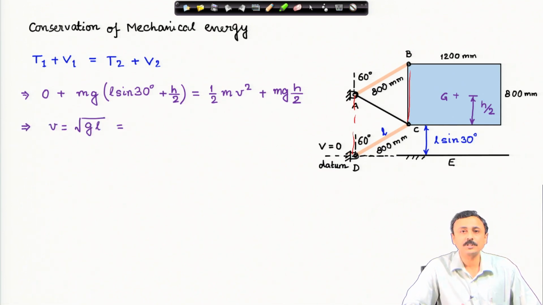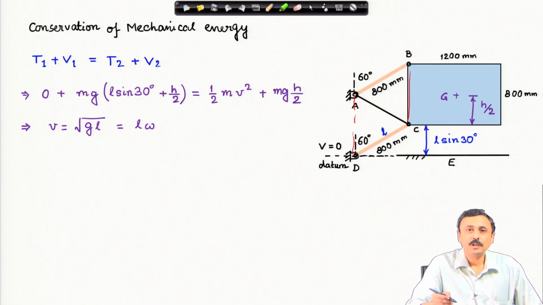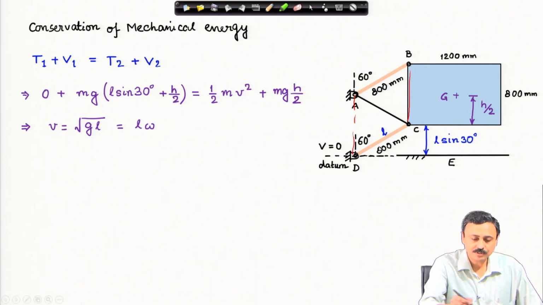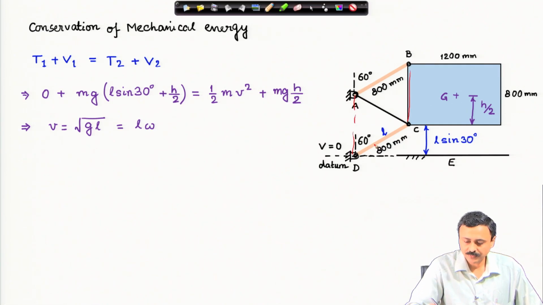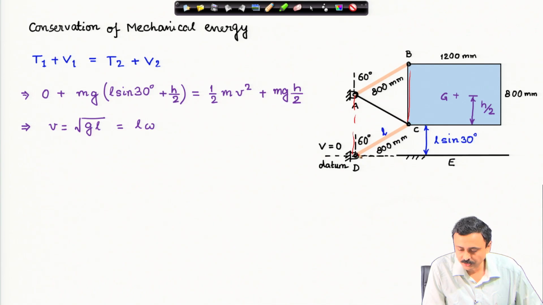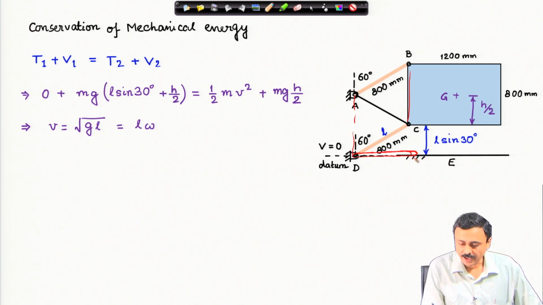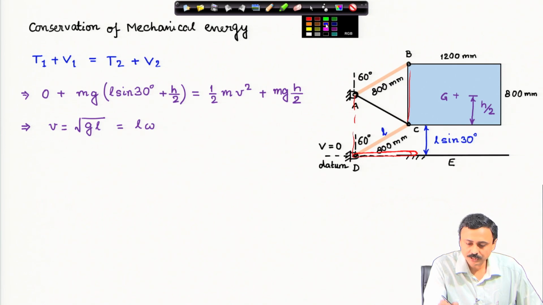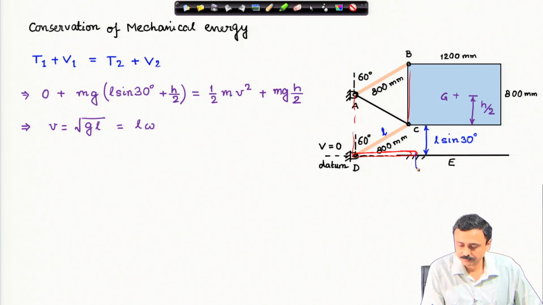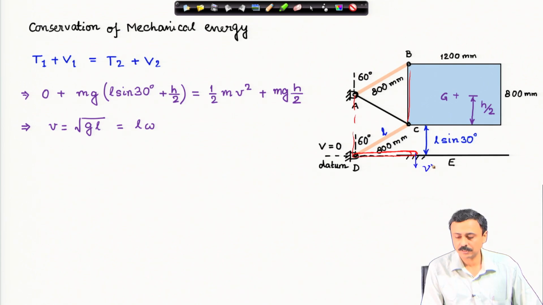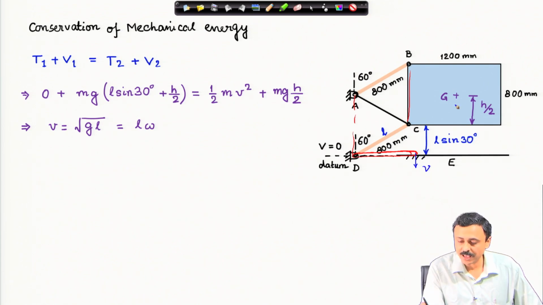If you do the simplification and carry out this calculation, you will find velocity is under root g L, and that must also be equal to the length of this member times omega. This is purely from kinematics. This member has now become horizontal, in the final state. The velocity that we indicate by v at this point is the same as the velocity of the center of mass. Why?